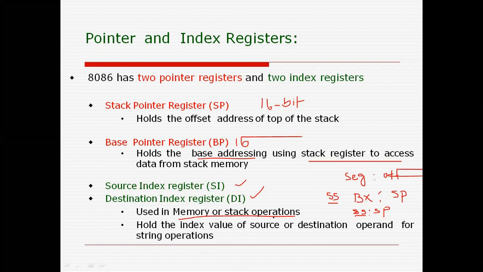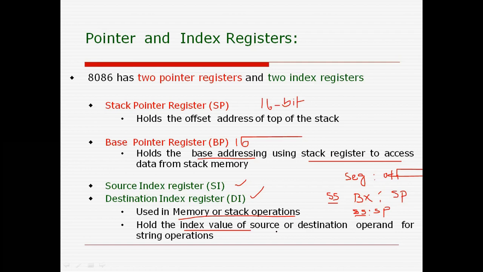The SI and DI registers are used to hold the index value of the source or destination operand for the string operations. In string operations, we will deal with arrays of data.